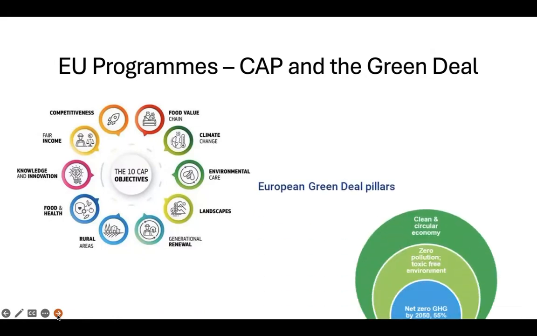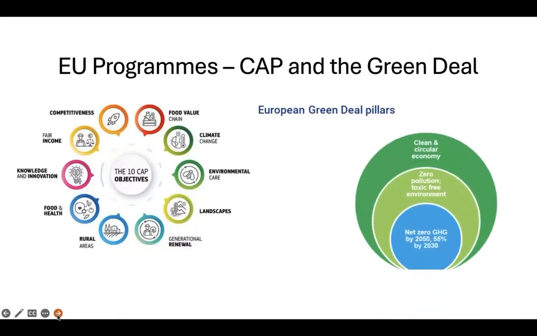The European Green Deal is relatively new, 2019. The Green Deal is basically an ambitious plan to make Europe the first climate neutral continent by 2050. As you can see there, that's its core purpose down there in the blue.